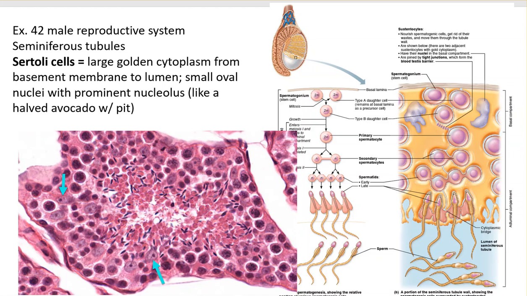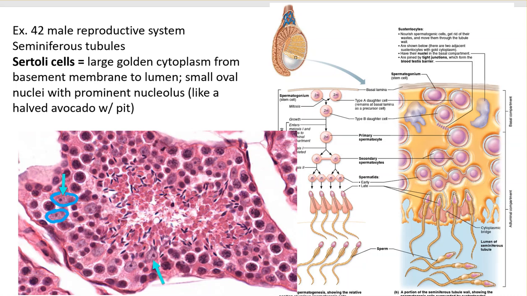And here we are looking at Sertoli cells. The thing I want to explain about Sertoli cells, the textbook picture does a really good job. When you're looking at a Sertoli cell, I'm going to circle a Sertoli cell nucleus. There's a Sertoli cell nucleus. This arrow is pointing at another one. And you can see that tiny little dot of a nucleolus inside of it.